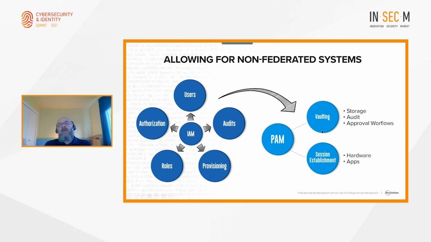So by pairing these two, in the IAM, you have these users and all of the identity paired to a user, but most likely not all of your network equipment and all of those hard to reach devices that are not federated. So by pairing the two, you can gain visibility because the PAM does have audits and logs and syslog integrations, so you can have a full view of the activity in your infrastructure by pairing the two.